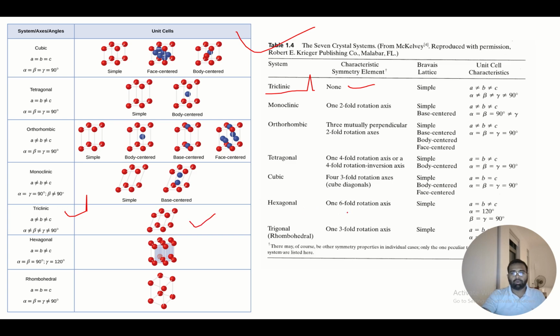Hexagonal has 6-fold symmetry, and the cubic one has a 3-fold rotation symmetry. So in all cases, that's why we are getting simple, body-centered and face-centered. So this is due to the symmetry. Symmetry is actually a filter, so it filters out these crystal structures.